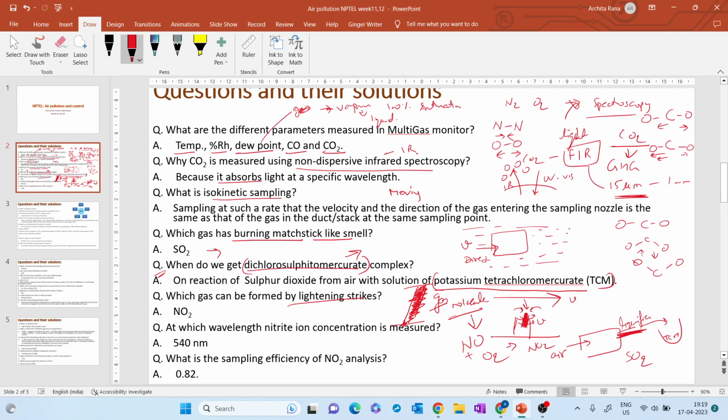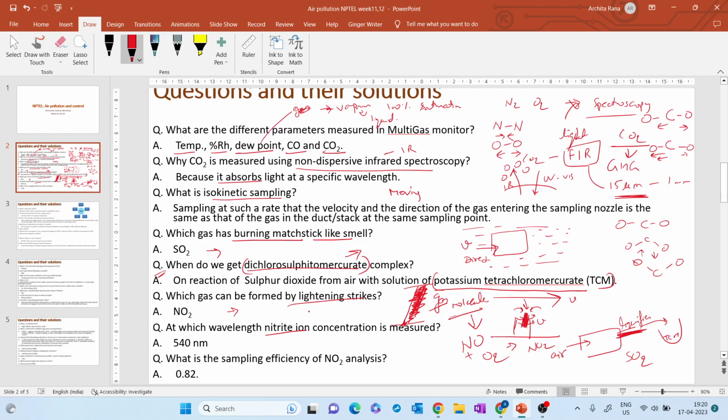Okay, and the another question is the same. I think they said something called sodium hydroxide and sodium arsenate, which they use to transfer this NO2 into a solution, and when it goes in, it forms nitrite ions, and the concentration of those nitrite ions is measured further.